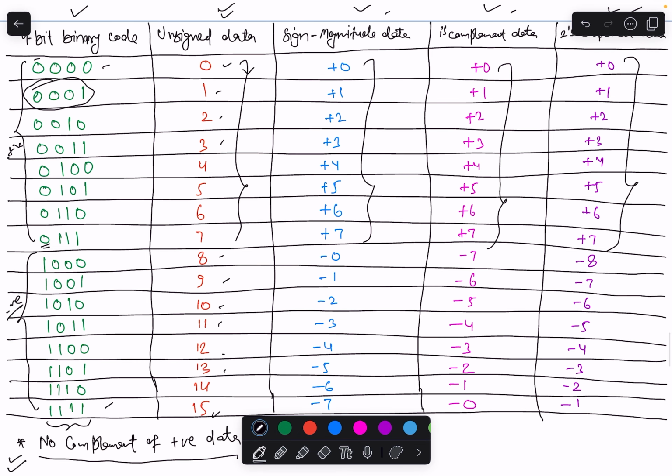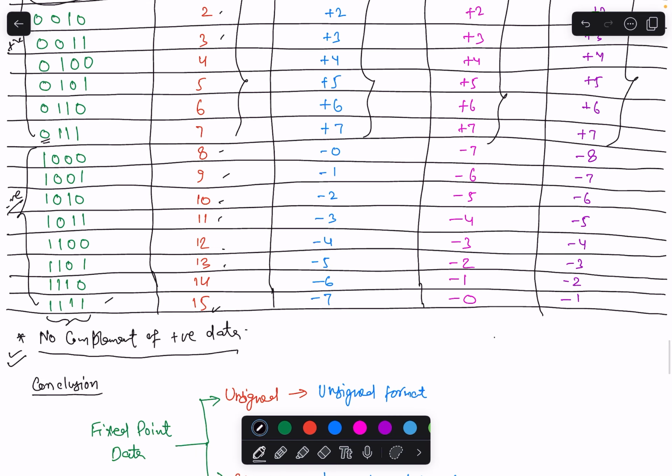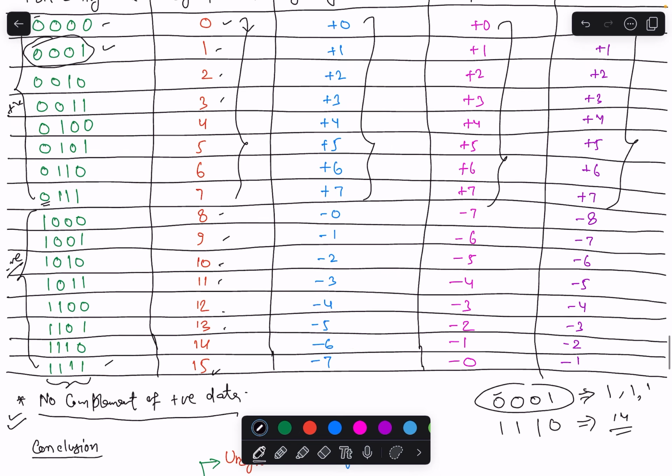If someone asks you to find the complement of 0001, don't invert the bits to 1110 and call it 14 or things like that, because as the MSB bit is 0, the number is positive, so the ones complement will be 1 only, two's complement will be 1 only, sign magnitude is 1 only, because we don't invert the bits in one's complement for positive numbers.